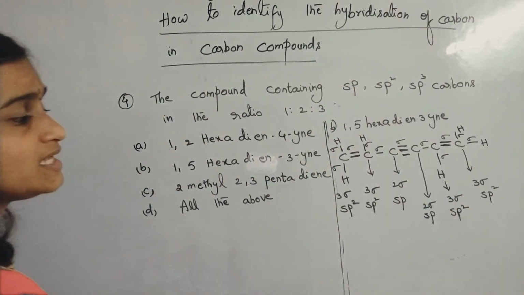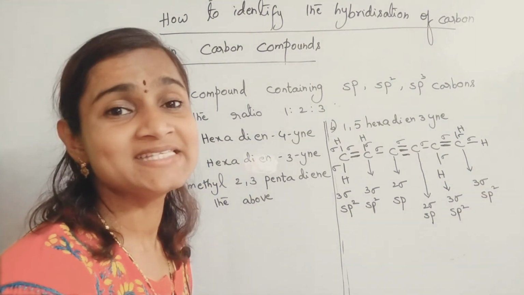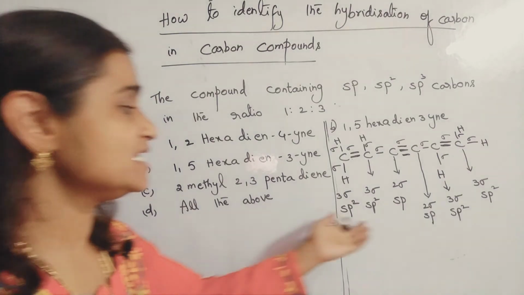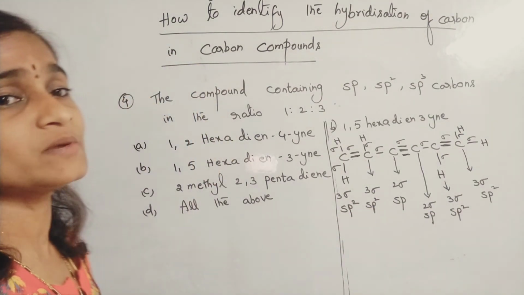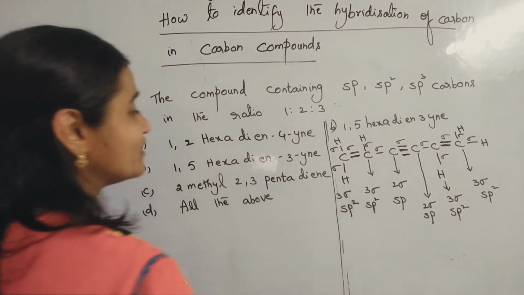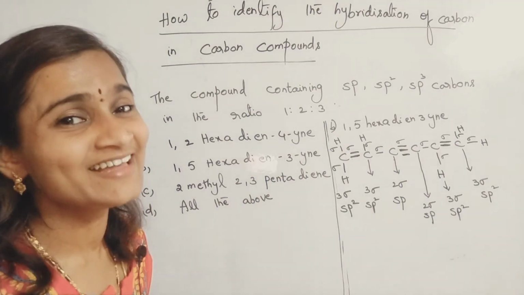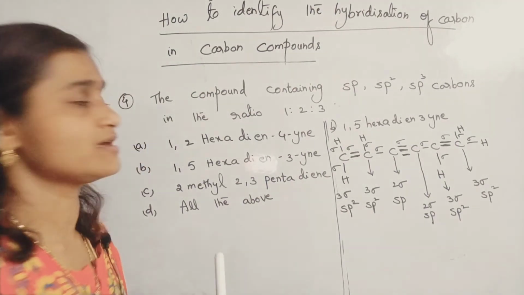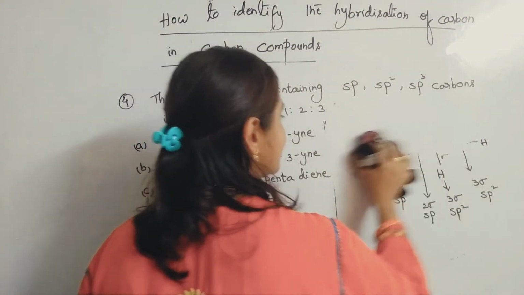So here we didn't get sp3 hybridization, not even one carbon atom has sp3 hybridization. So option B is ruled out. Then automatically option C will be the correct answer, but we will check once.